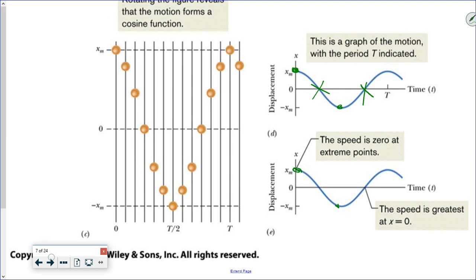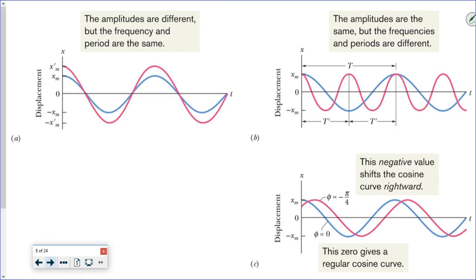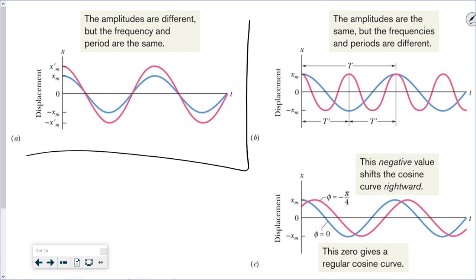All righty. So let's talk about how these graphs are different. We got a red graph and a blue graph. We're going to ignore the fact that the red is really pink. What's the difference between those two graphs? Well, they're the same, except they have different x-maxes. The only difference is the x-max for the red graph is greater than the x-max for the blue graph.